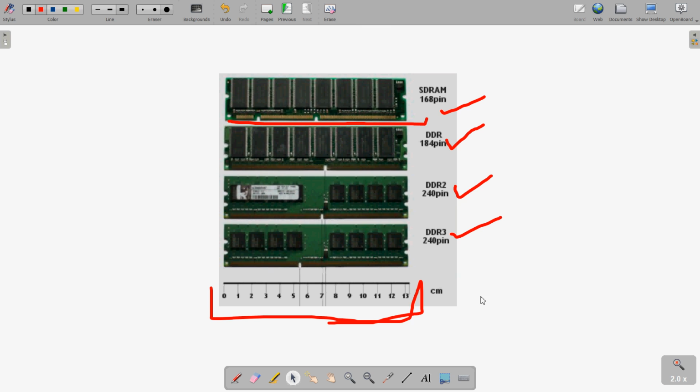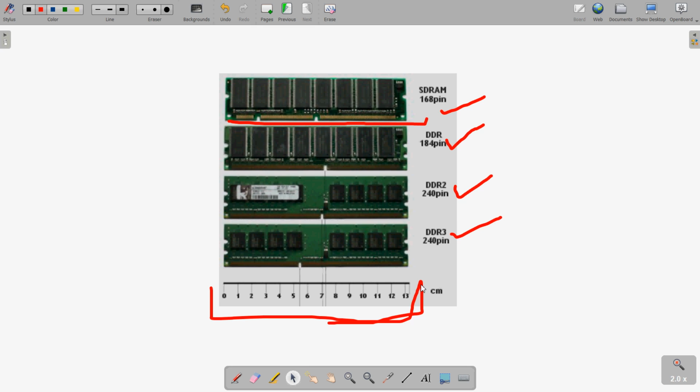So here also you can see the different DDR2, DDR3. Earlier we have seen these are the different types of RAM, and on the basis of these, the circuit or the number of pins, we have seen the further classification into SIMM and DIMM.